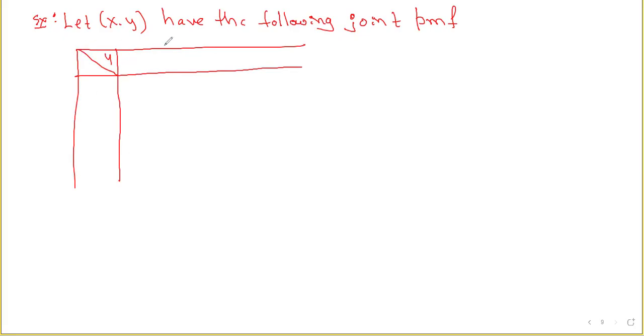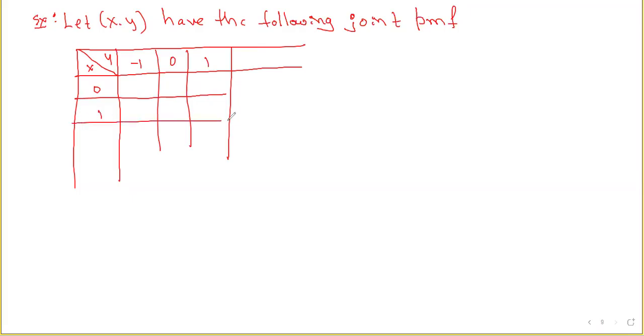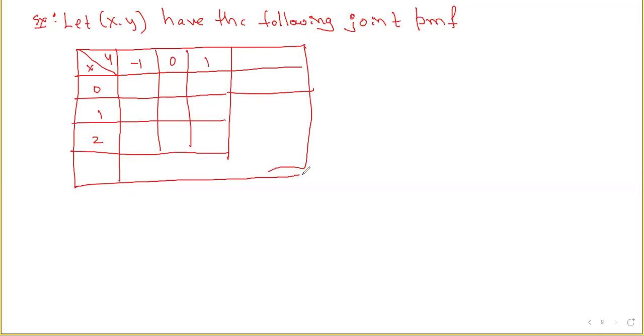So here y values -1, 0, 1. Then x values 0, 1, 2, right? And they have given the sum of probabilities also, that is nothing but our marginal probabilities are also mentioned here. Pi dot and p dot j.